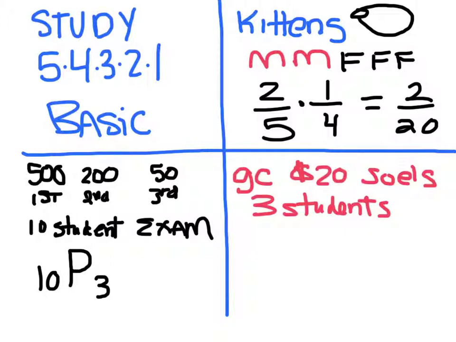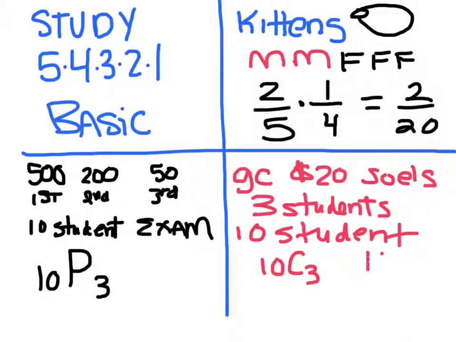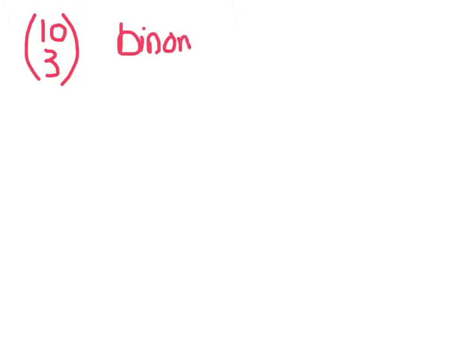So if I want to know how many different ways that can happen, I've got 10 students, 3 of them get the fancy gift certificate for Joel's. This is going to be 10 choose 3, which can also be written as 10, 3 like this. The reason I keep talking about how it ties into this number is because you have to know the relationship between combinations and the binomial expansion. So let me do a simple problem.